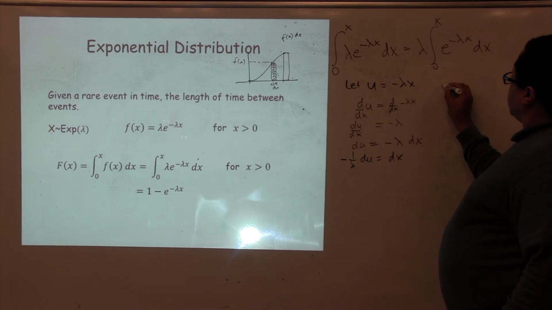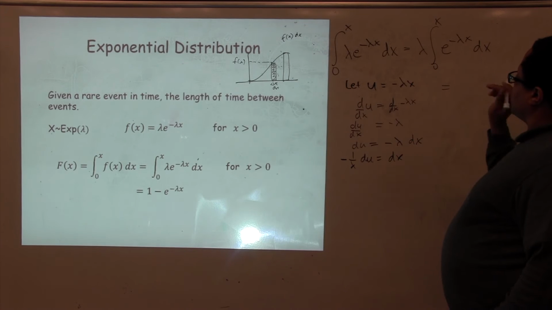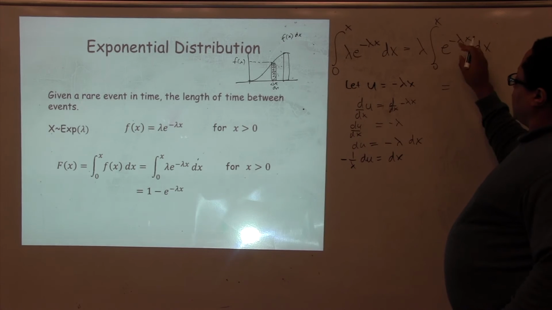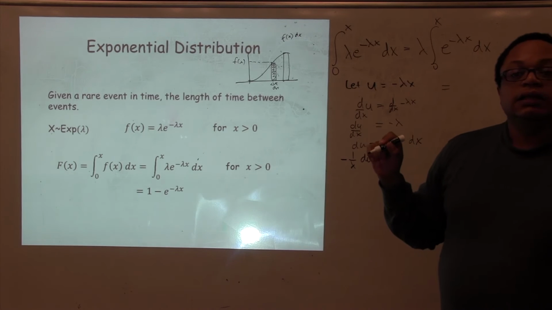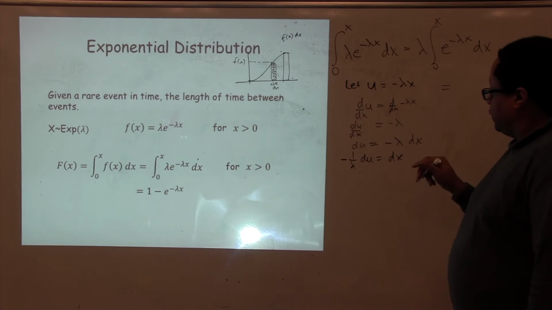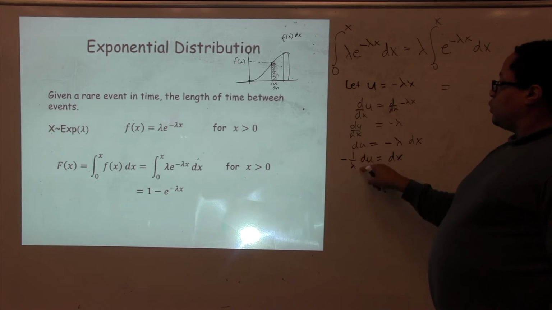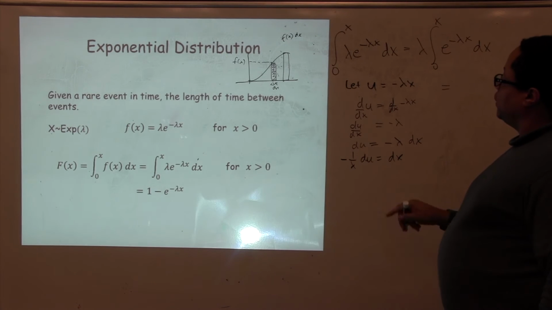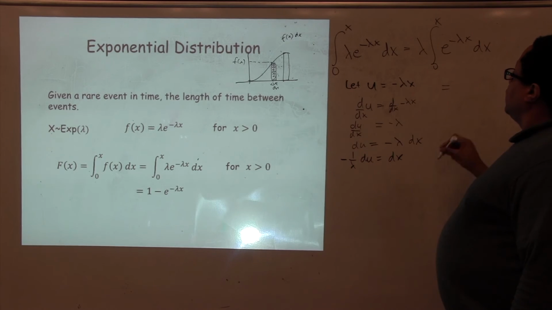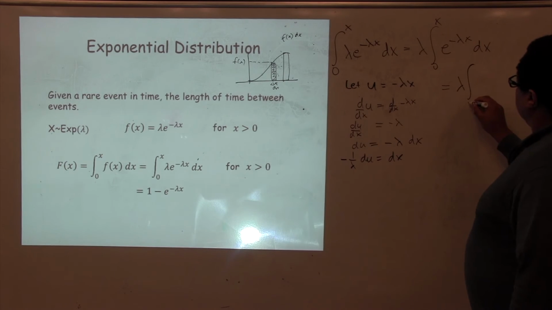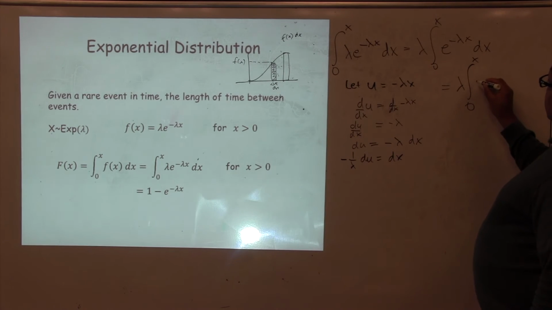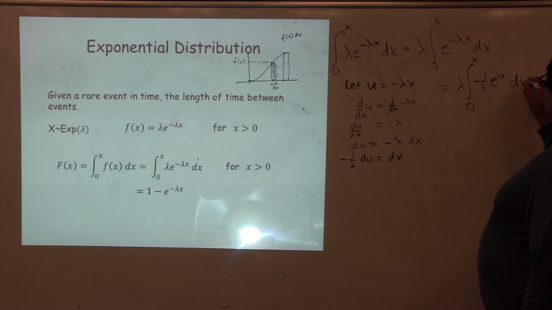Let's apply this. I want to simplify, so instead of e to the minus lambda x, I'm going to call it e to the u. But if I do that, my dx has to change. If I change it to du, it also changes by a factor of minus 1 upon lambda. So I have my original lambda out front of the integral between 0 and x, and I write minus 1 upon lambda e to the u du.